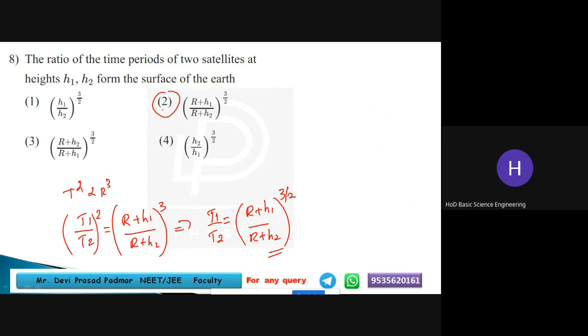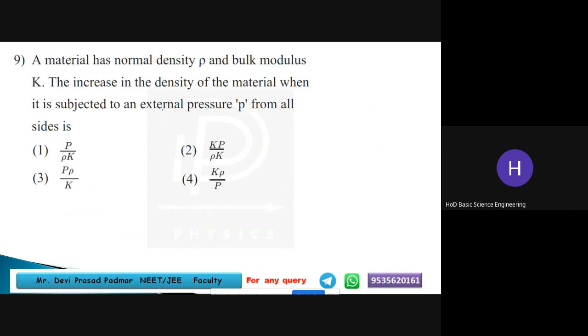For the next question. Yes, relation between bulk modulus and fractional change in volume. You know this. Delta V by V is equal to P divided by bulk modulus. Or you can consider minus sign here, if you want.